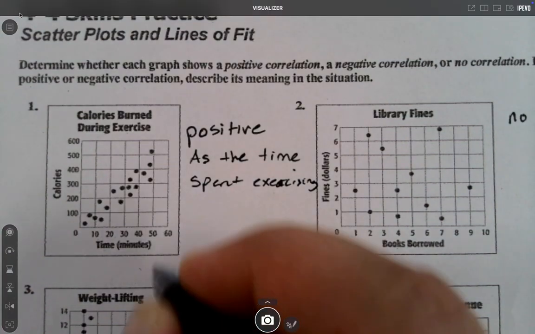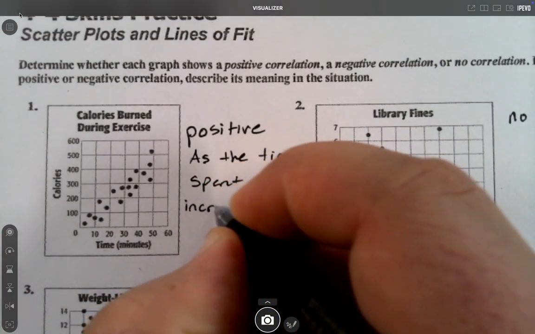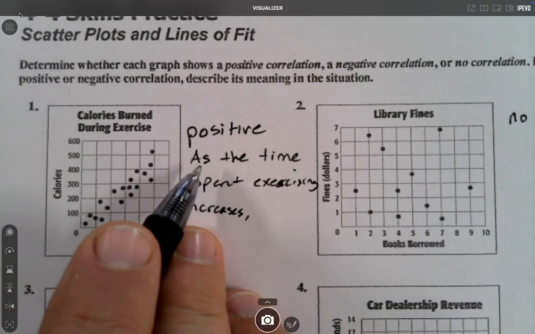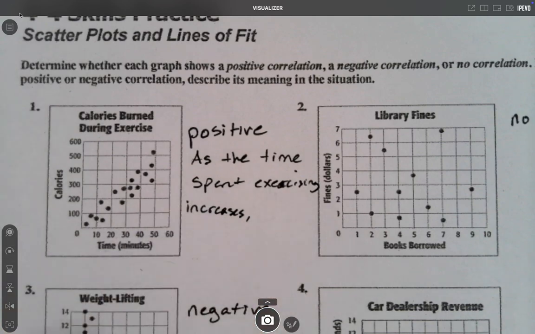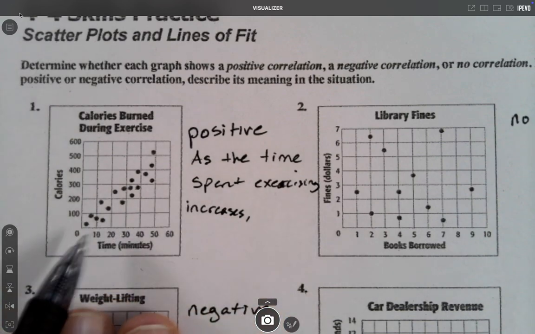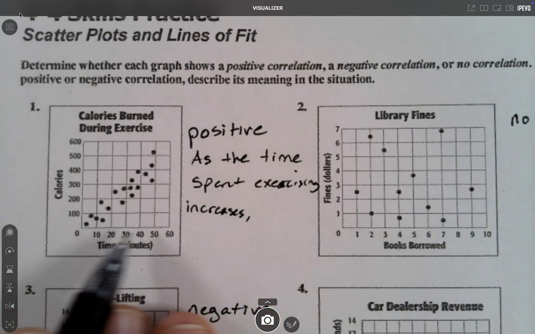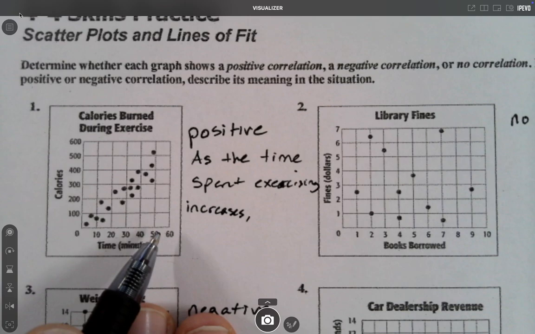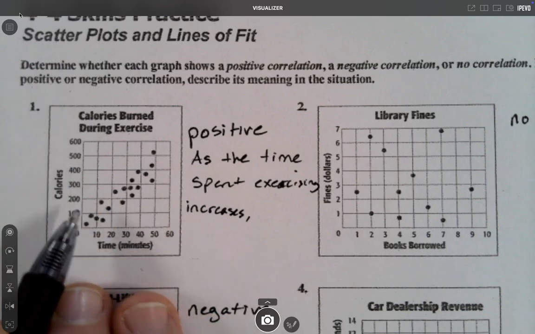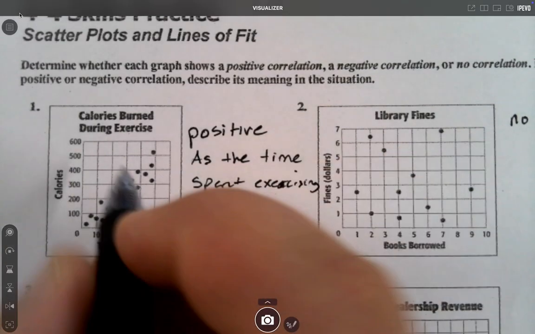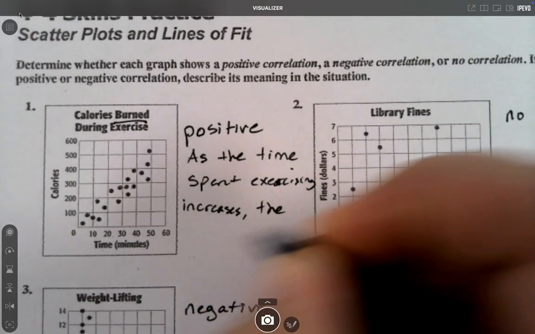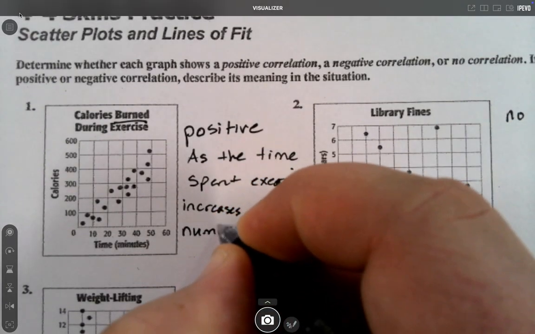As the time spent exercising increases, so I start every time, no matter whether it's positive or negative correlation, start by talking about how as whatever the x-axis represents increases. And in this case, we see that as the x-axis increases, so do the y values. So number of calories burned, we know it's calories burned based on the title. So the number of calories burned also increases.